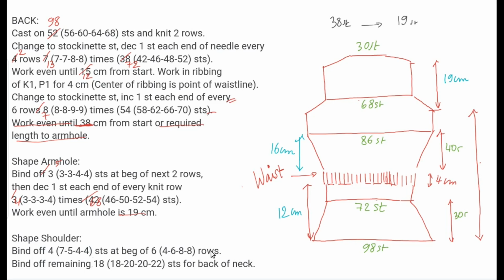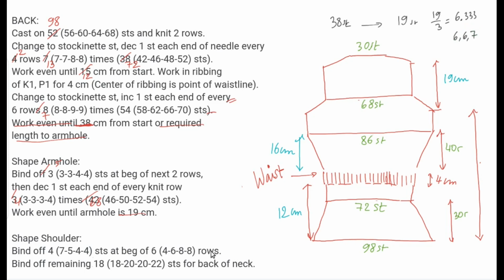So if you do 19 divided by 3, we get 6.333. If you're good at mental math, you will have noted that 19 is awfully close to 18, and 18 divided by 3 gives you 6. So a good way of binding off 19 stitches in 3 chunks, you can go 6, 6, and then 7.